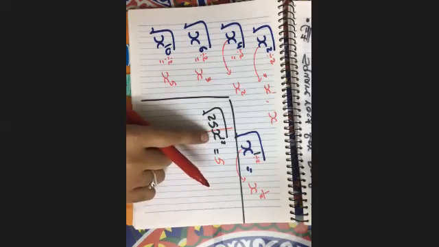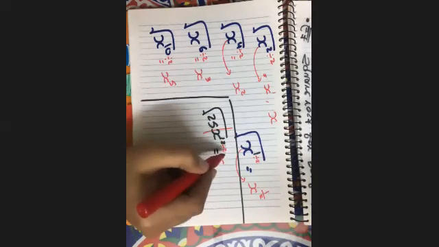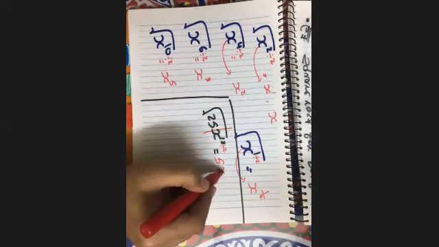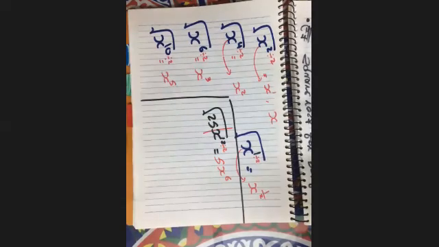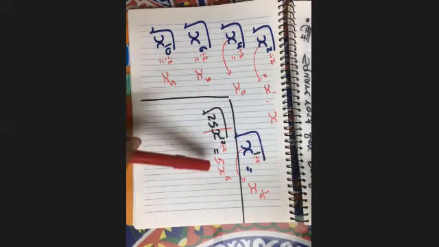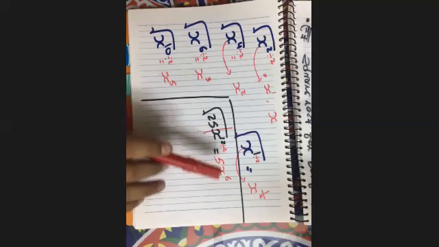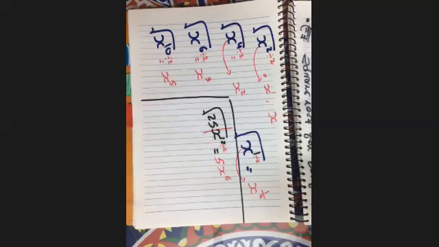To get it, you divide the power by 2. 12 divided by 2 equals x power of 6. So the answer of root 25 x power of 12 is 5 x power of 6, okay?